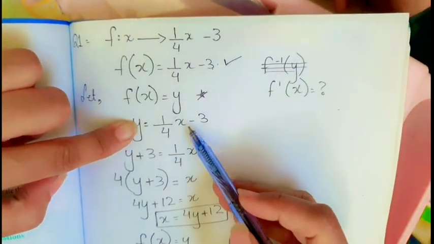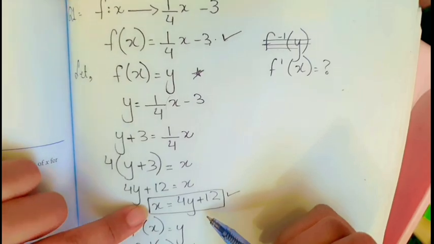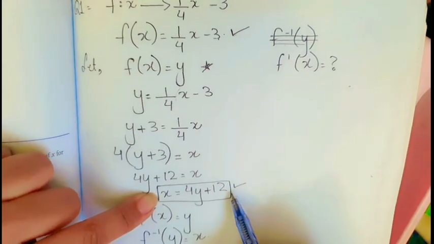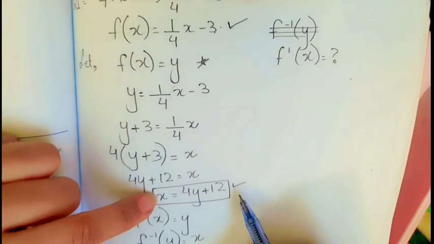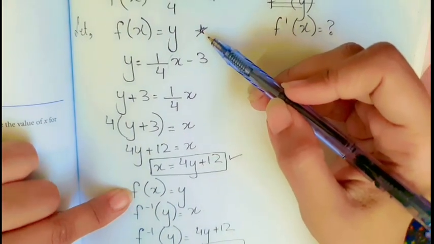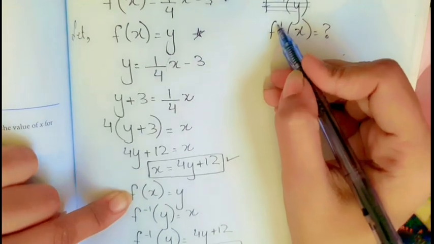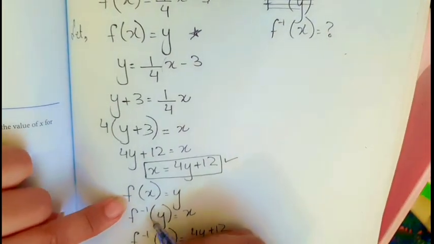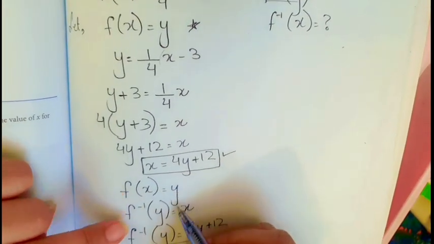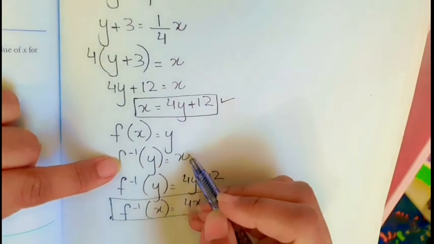Now I have made x the subject, and when I took out the value of x after working, I got 4y plus 12. Again I have used the same information, f(x) is equal to y, and because I have to find f inverse of x, I shifted the variables, y in place of x and x in place of y.